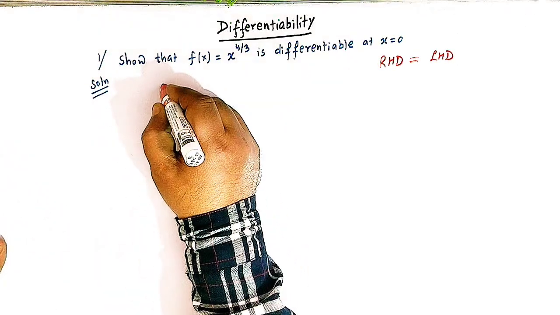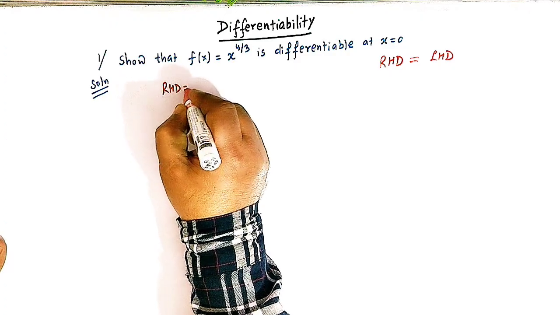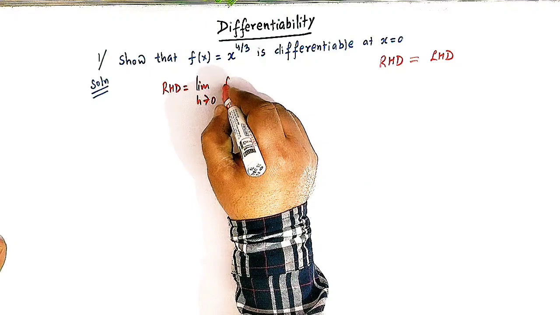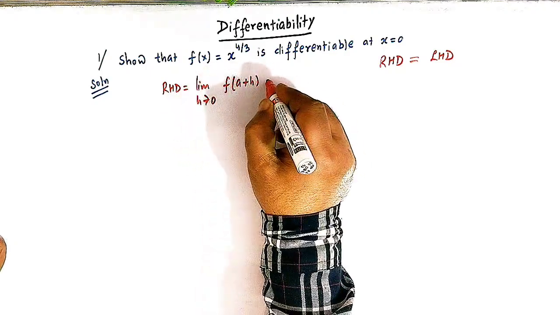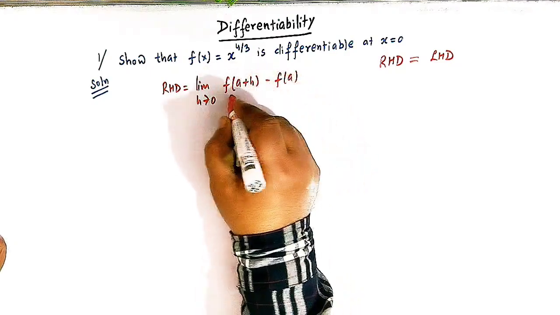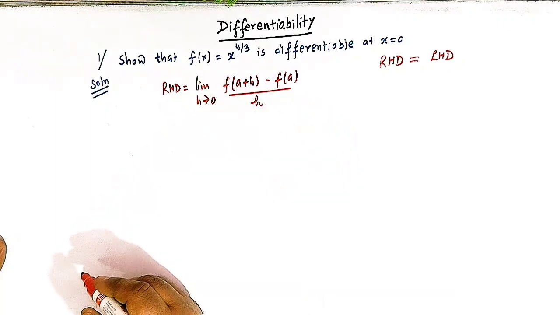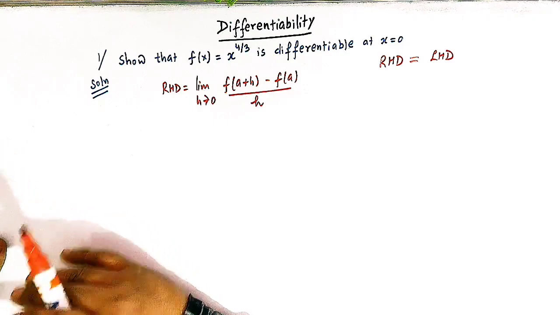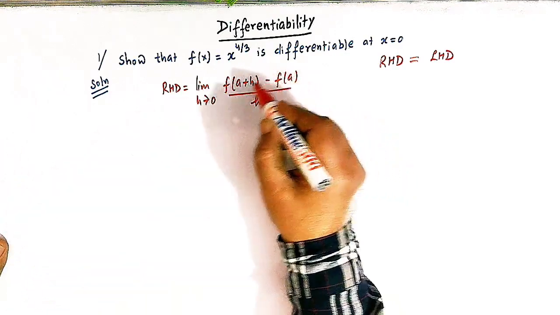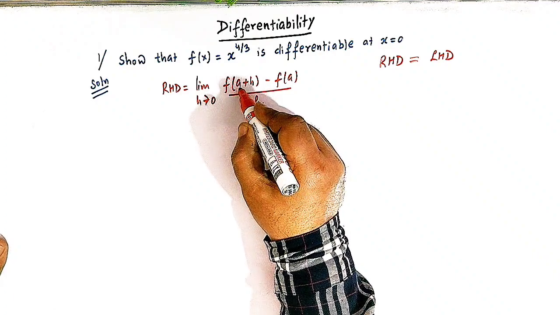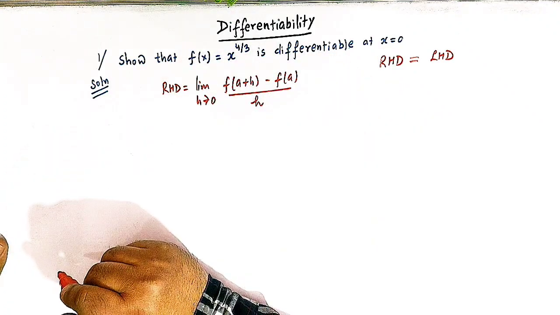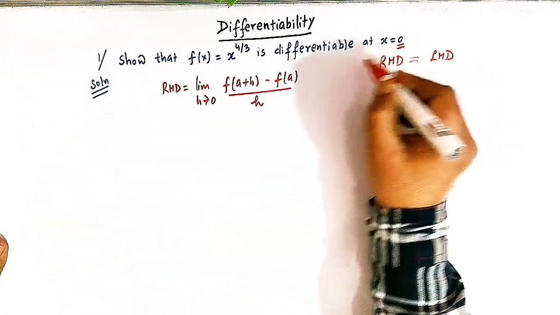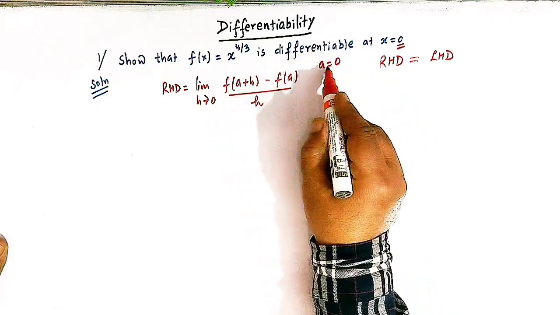The right hand derivative is defined by this limit, that is the limit h tends to 0 of f of a plus h minus f of a divided by h, where h is infinitesimally small, and this point a is the point where we have to find the right hand derivative. So here we have x is equal to 0, so we have a is equal to 0.